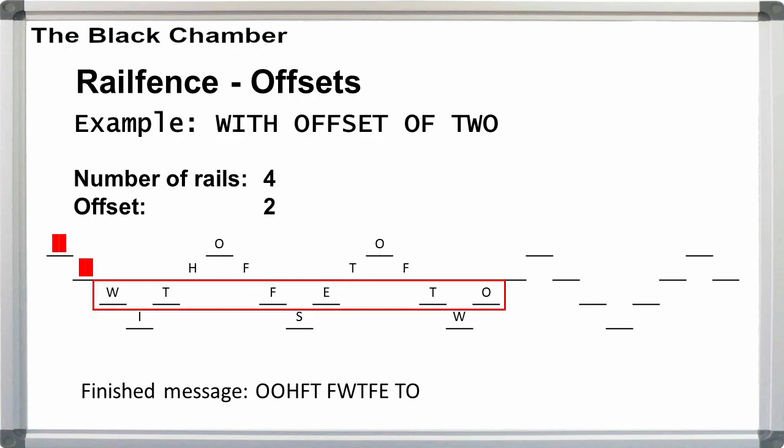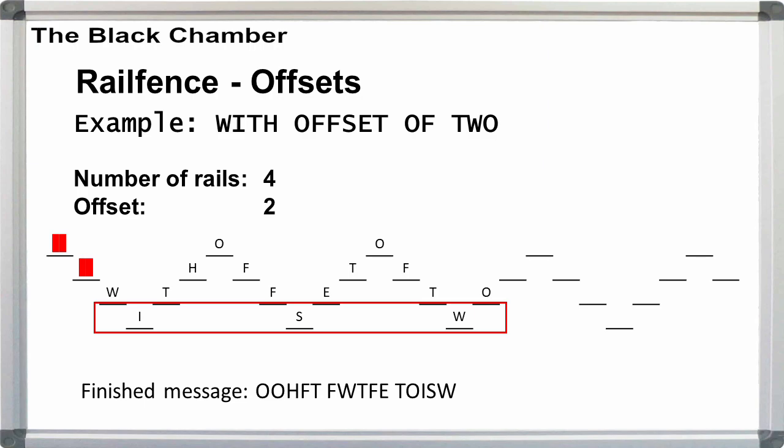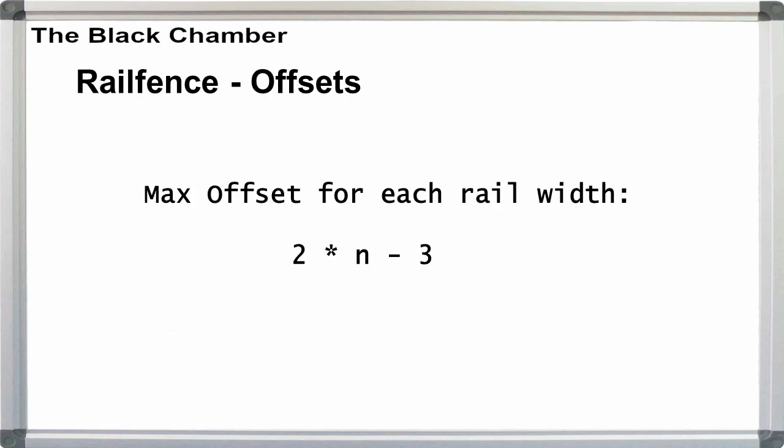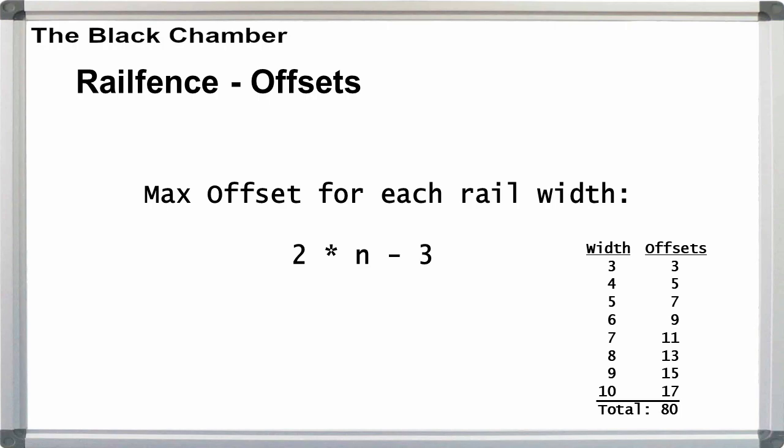The range of offsets available for any given width is: maximum offset equals 2 times the number of rails minus 3. So instead of just having 8 keys at our disposal from 3 to 10 rails, we now have the added security of the 8 widths plus 80 possible offsets total for all of the widths.